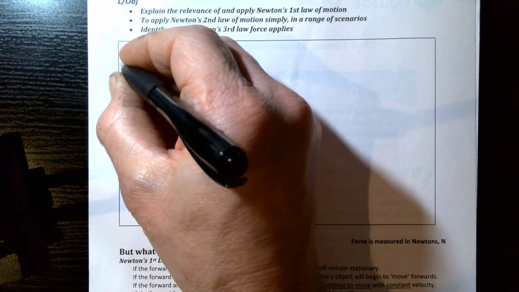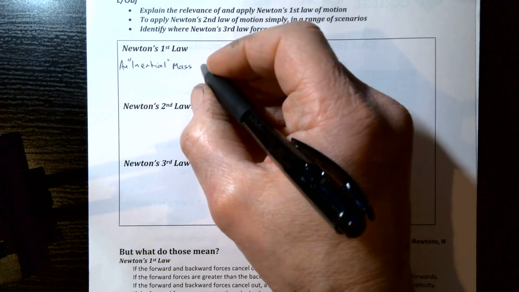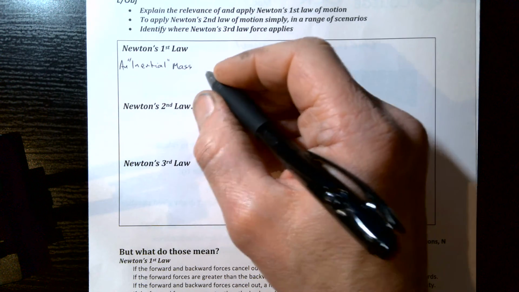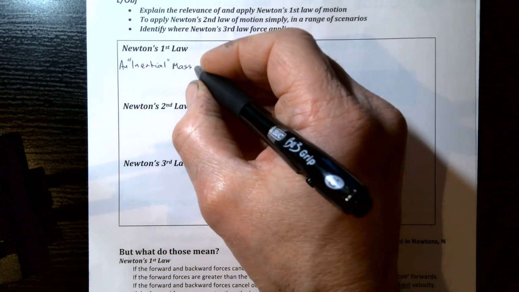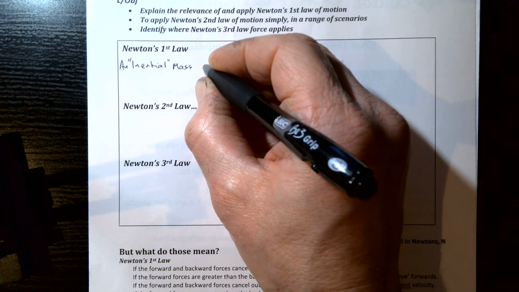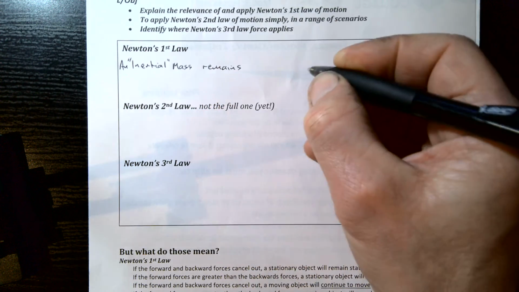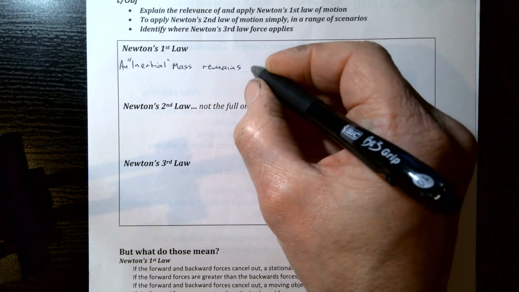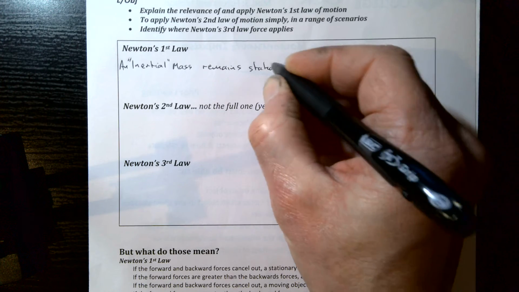So I'll just go back. An inertial mass, what will it do? Newton's law says that basically it will do nothing unless overall there's something making that change happen. So basically the easiest way to think about this, I think, is that the inertial mass will remain at rest, stationary. Slightly longer, but I think it makes slightly more sense.